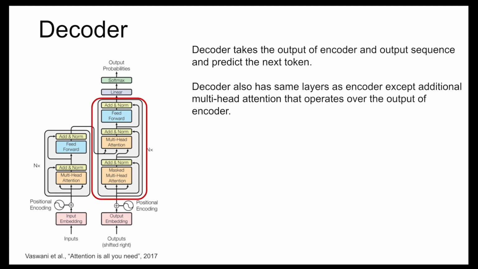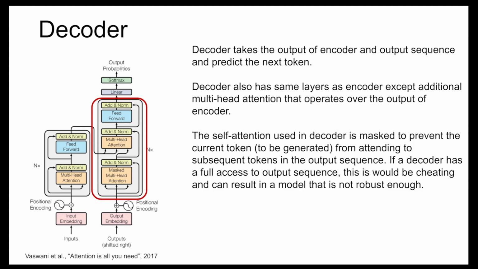The decoder takes the output of the encoder and the output sequence and predicts the next token. The decoder has the same layers as the encoder, except for an additional multi-head attention that operates over the output of the encoder. The self-attention used in the decoder is masked to prevent the current token from attending to later tokens in the output sequence.